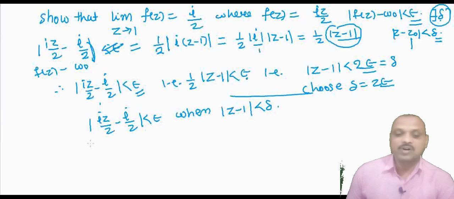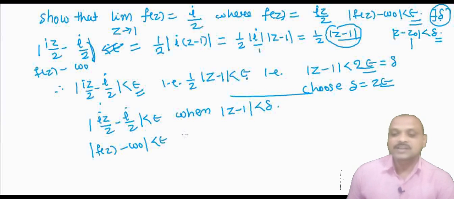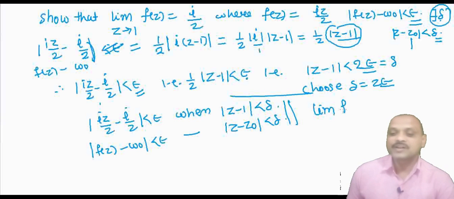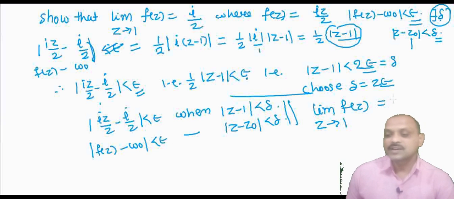Look at this, |f(z) - w0| is less than epsilon whenever |z - z0| is less than delta. The condition is satisfied, and hence using this we can say that the limit of f(z) as z tends to 1 is equal to i/2.